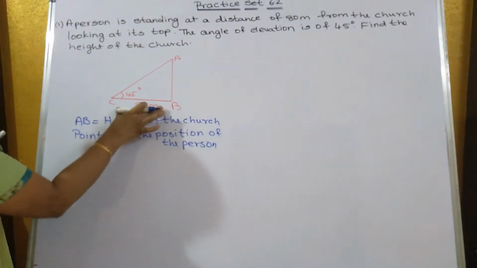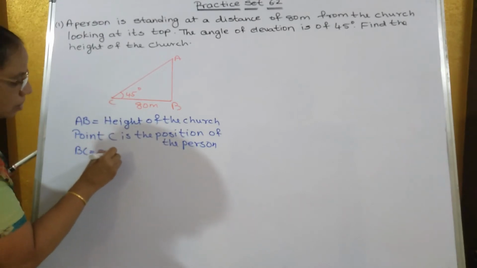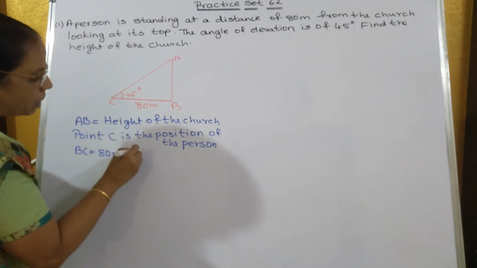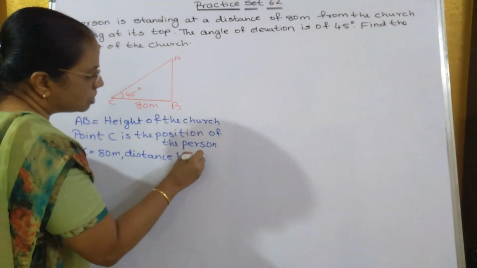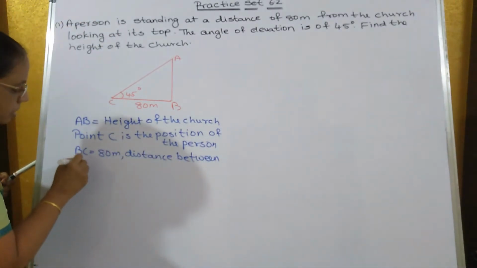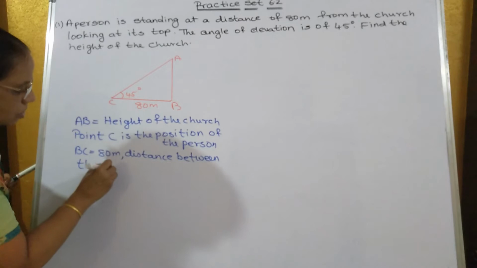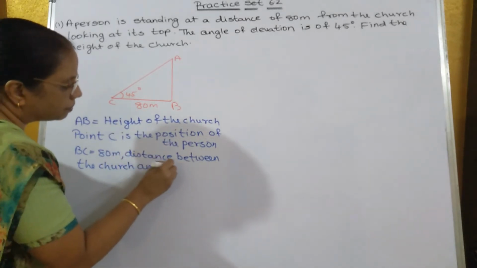BC, that is this distance, is equal to 80 meters, the distance between the church and the person.